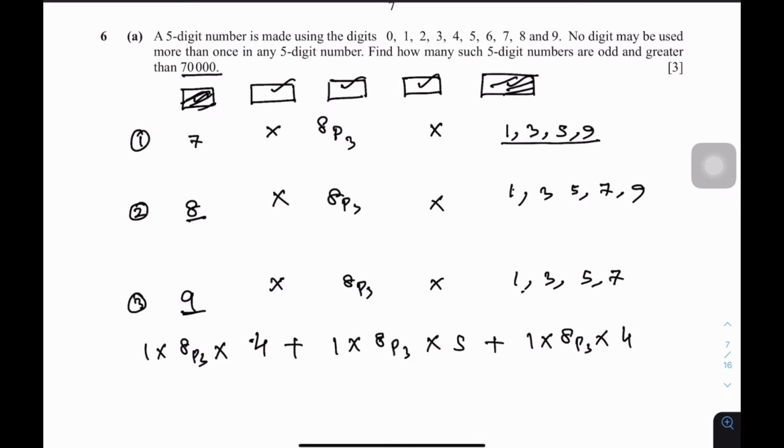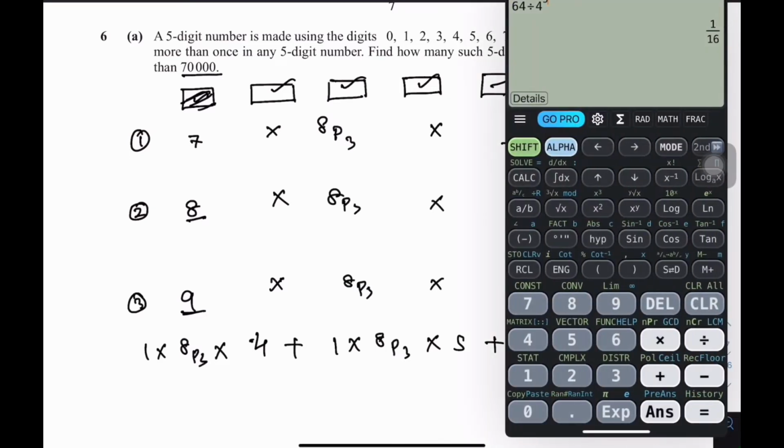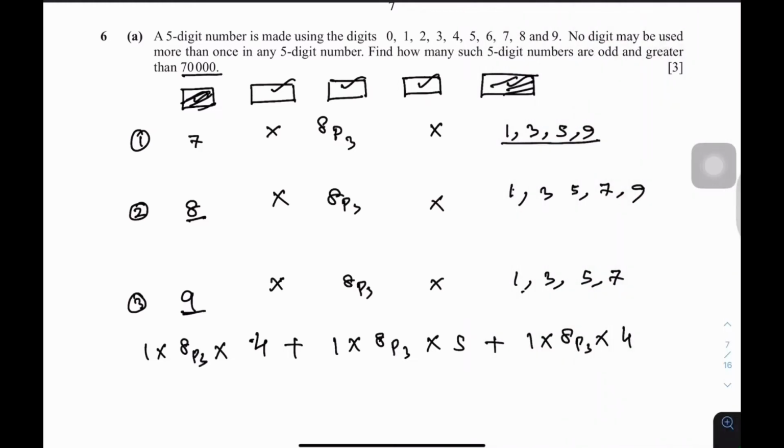Now we can use calculator to simplify this. 8 shift multiplication, then 3, so it is 336. 336 into 4 plus 336 into 5 plus 336 into 4.